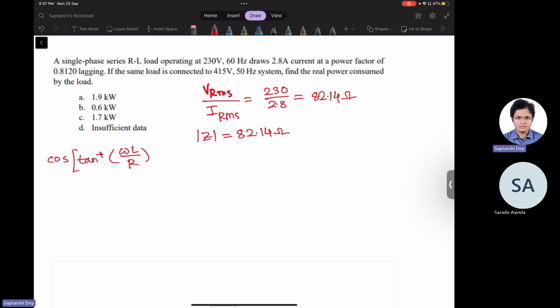Cos of that gives us the power factor, that is 0.8120. Okay. So what we have is tan inverse omega L by R is cos inverse 0.8120.